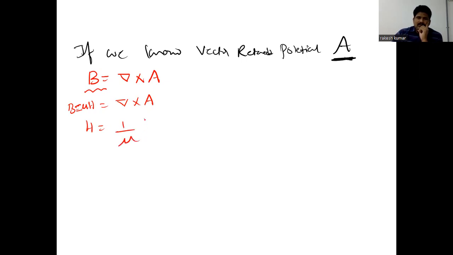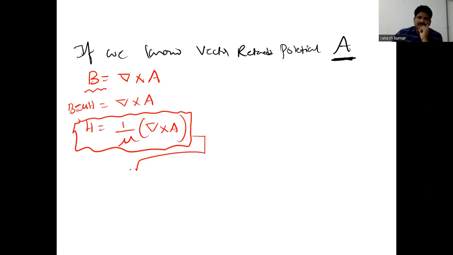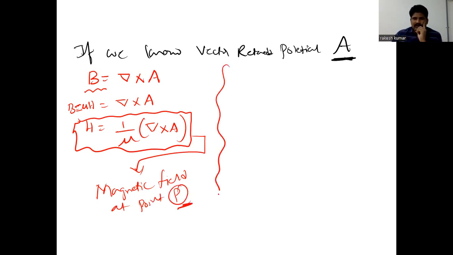H is equal to 1 by mu of del cross A. So this is how we can obtain the magnetic field at point P.